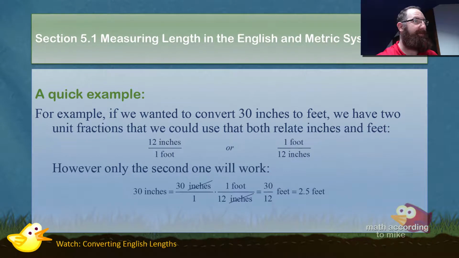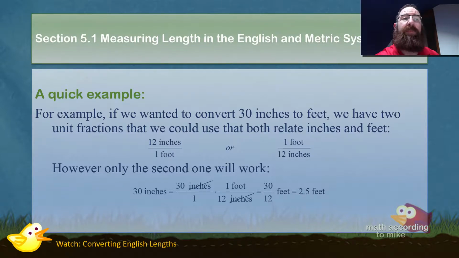There it goes. Okay. So if we wanted to convert 30 inches to feet, that means the given information is 30 inches. And we can have 2 unit fractions that relate inches and feet: 12 inches per 1 foot or 1 foot per 12 inches. Only one of these will work.